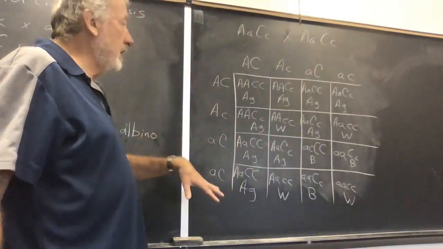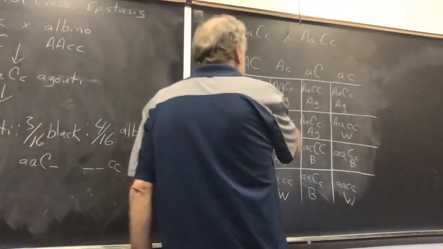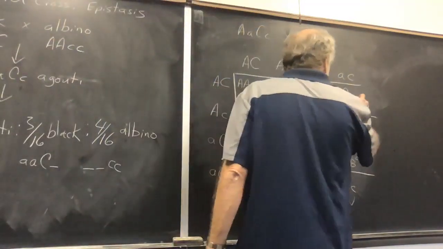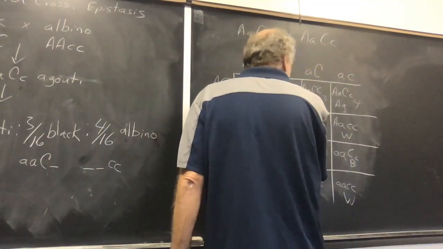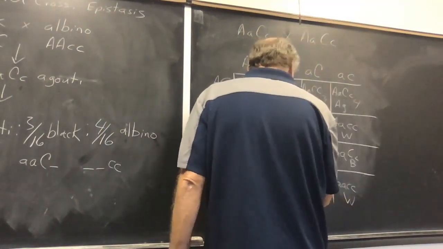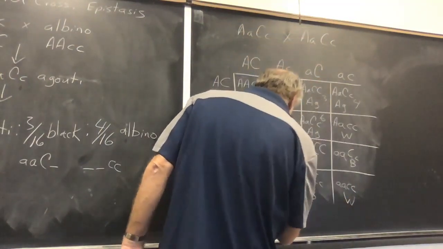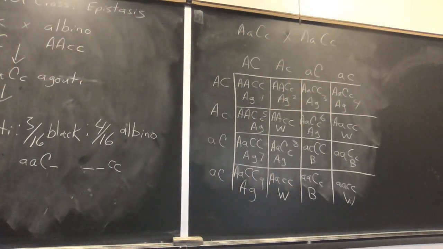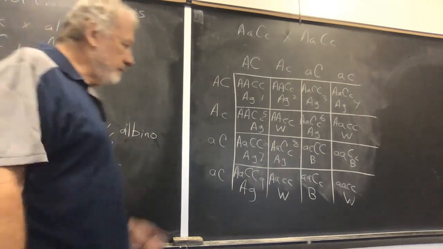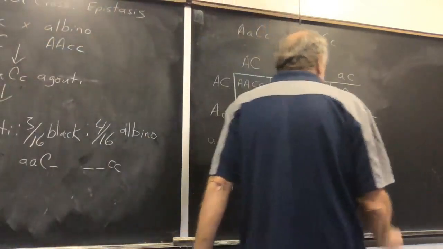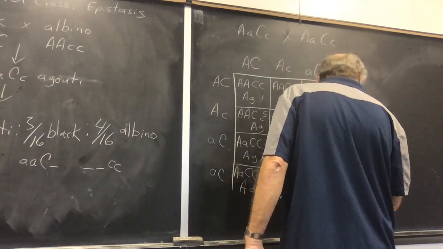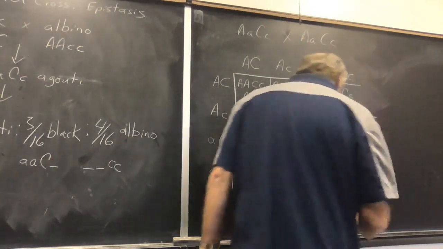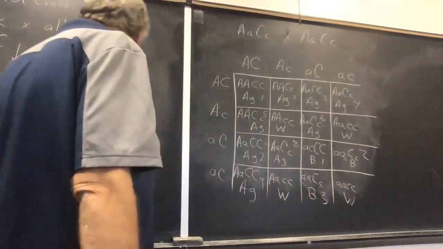Counting through these, we should get 9 agoutis: 1, 2, 3, 4, 5, 6, 7, 8, 9. There's our 9/16 brown wild type, or agouti. We should get 3 black: 1, 2, 3. 3/16 black.